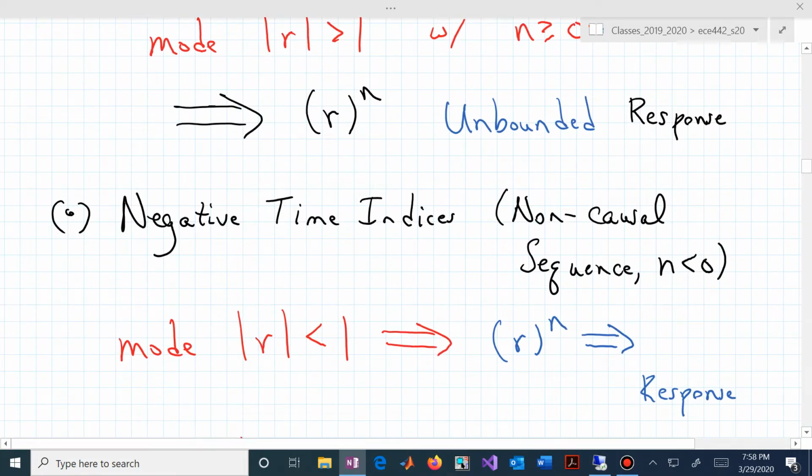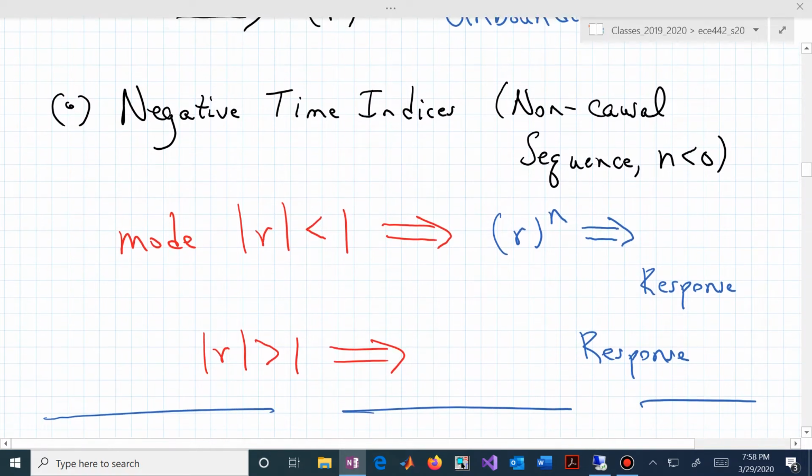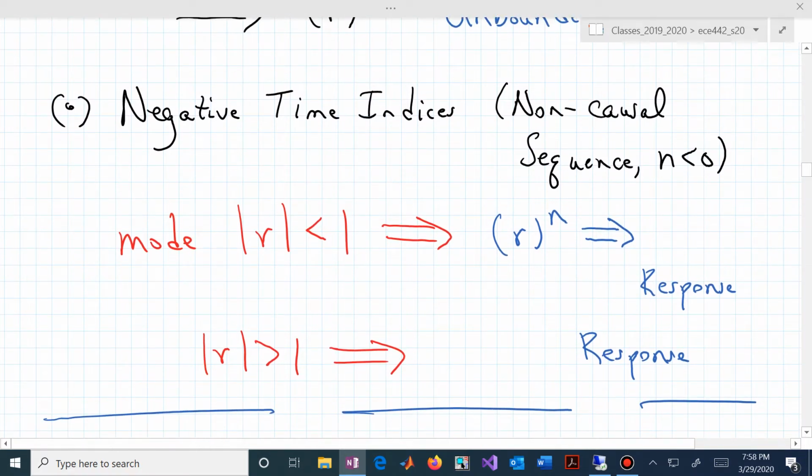Let's look at the other case, which was the leftmost region of convergence pattern. Suppose now we look at negative time indices, or a non-causal sequence. Now we're letting little n be negative.